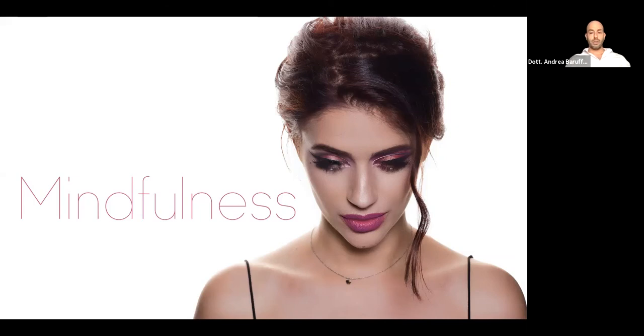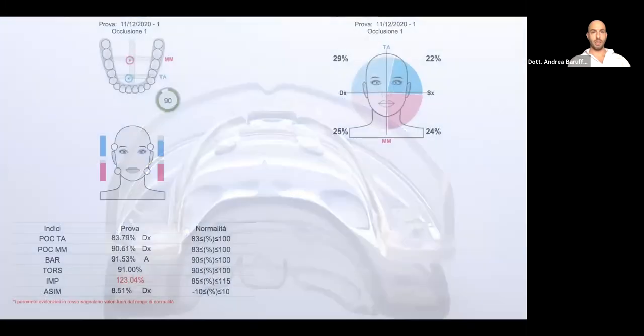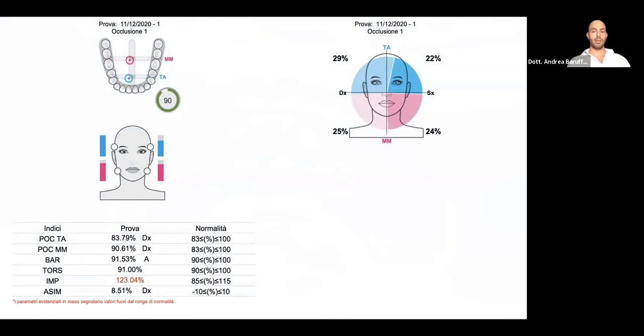So as I said, for this patient, I used this TMJ appliance, combined with the osteopath therapy. 1 month after the first visit, this was the condition of the patient.